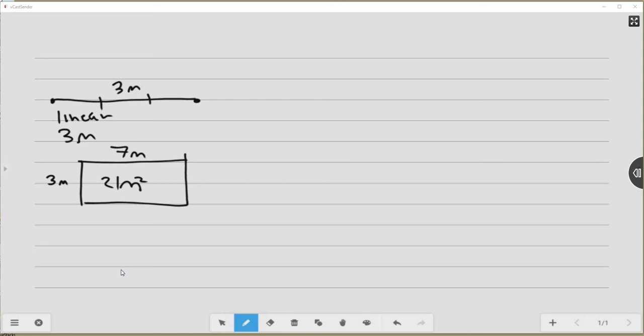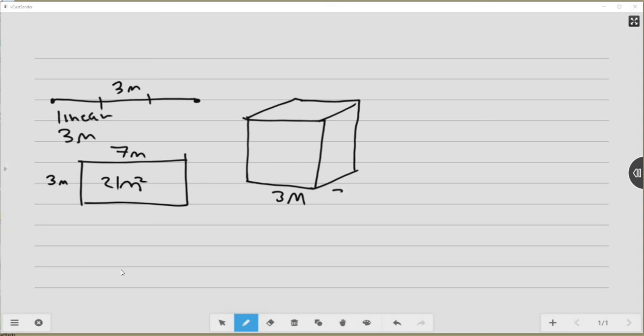Now, let me put a box here, something like this. Okay, I got a box here, and I'll put another box here. Now I'm going to call this 3 meters by 3 meters, by, not quite.